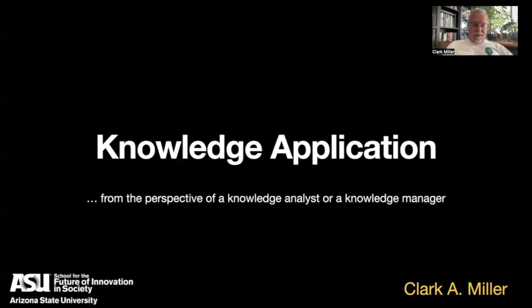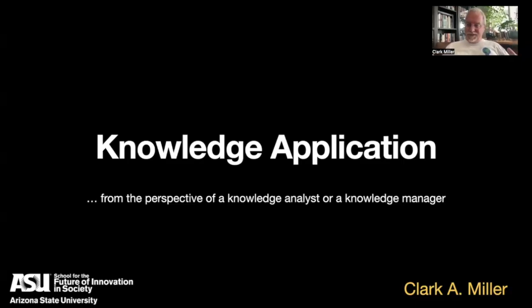Anyways, knowledge application. Again, thinking of ourselves as knowledge analysts and knowledge managers. I was going to say application is the most important part, and I'll explain what I mean by that in a minute. You might think, okay, we've done generation, validation, communication, and all that stuff is important, right? Because it's where the knowledge comes from and how it gets to people.